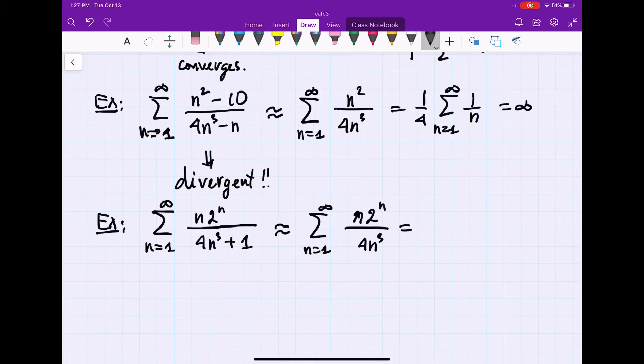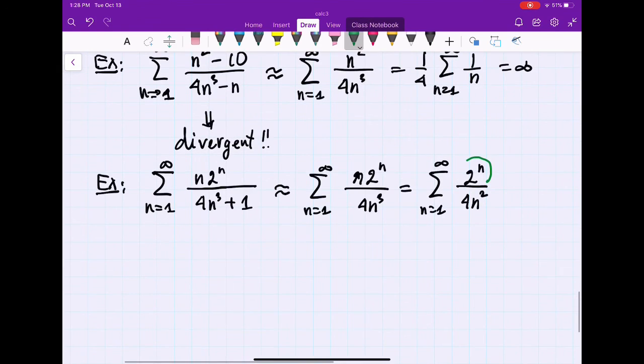You ignore 1, right? So you have the sum from 1 to infinity of 2 to the n over 4n squared. So you know that exponential function is much faster than polynomial. So here you write 2 to the n is much faster than n squared.